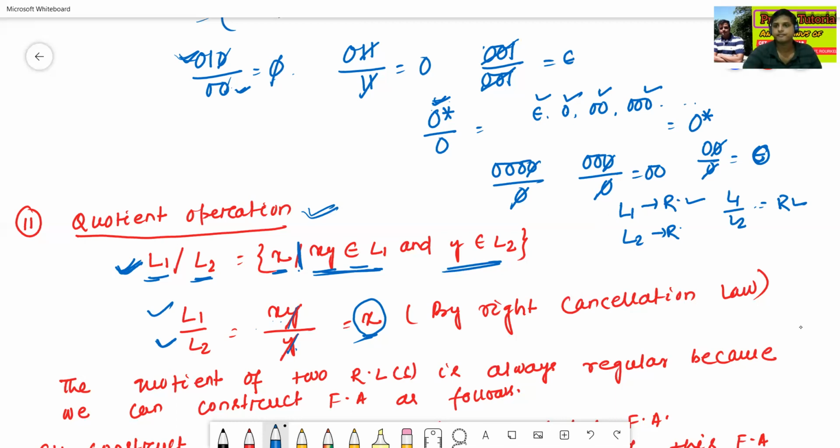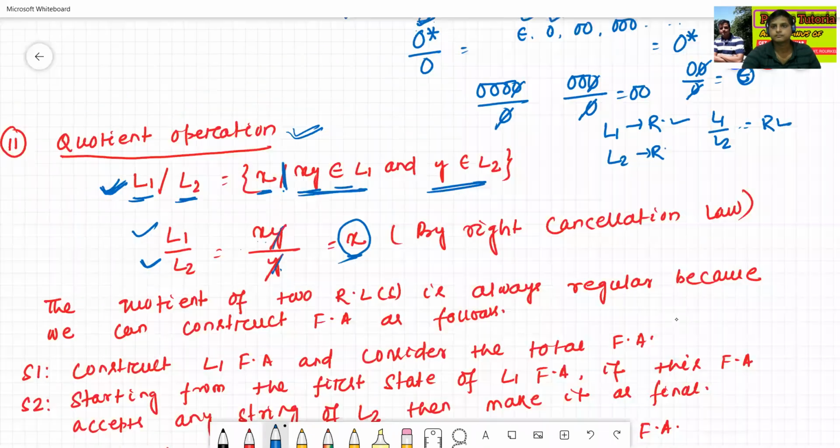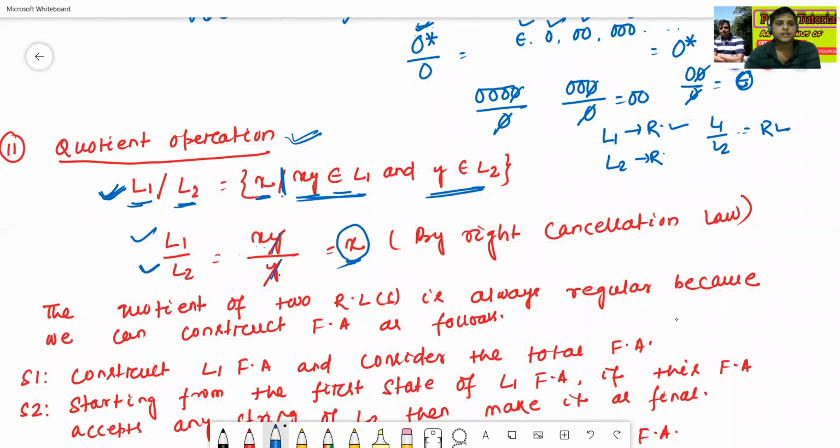See here. The quotient of two regular languages is always regular because we can construct the finite automata by following the rules.